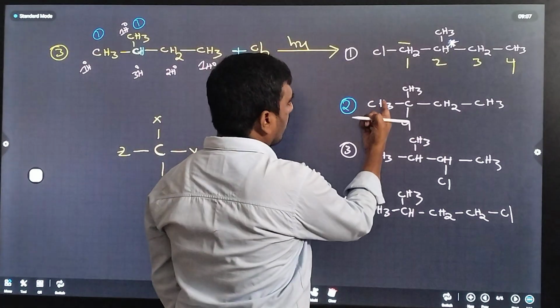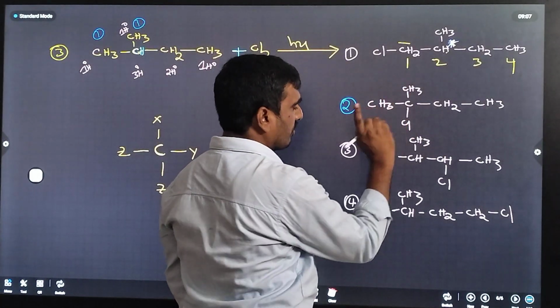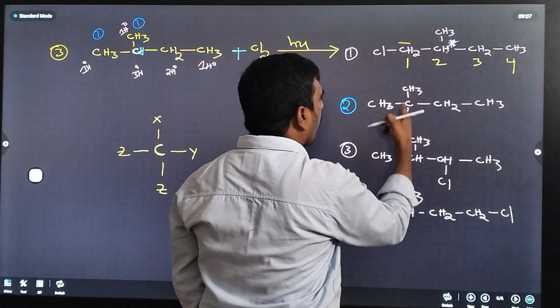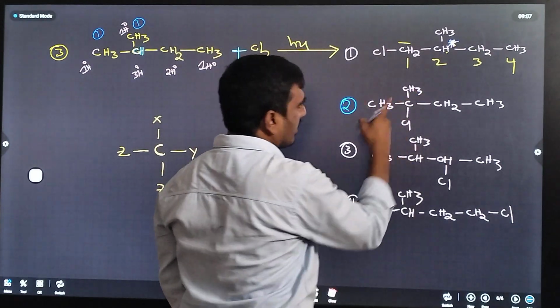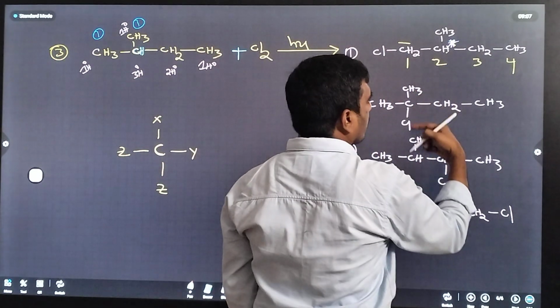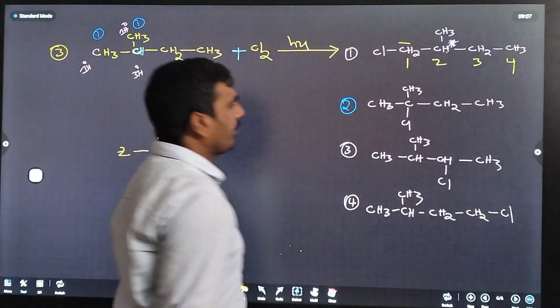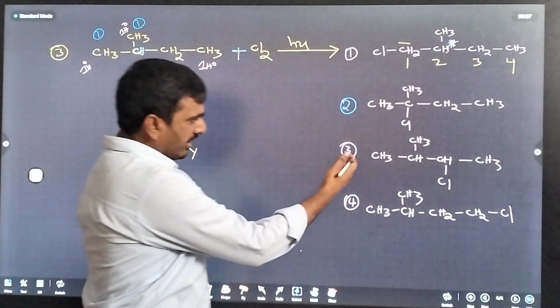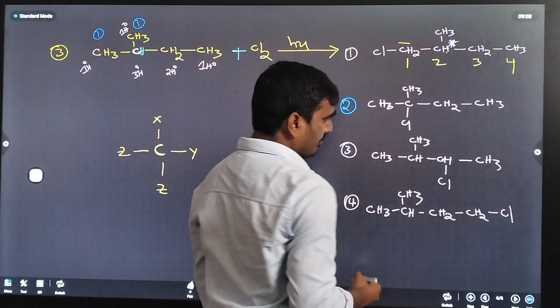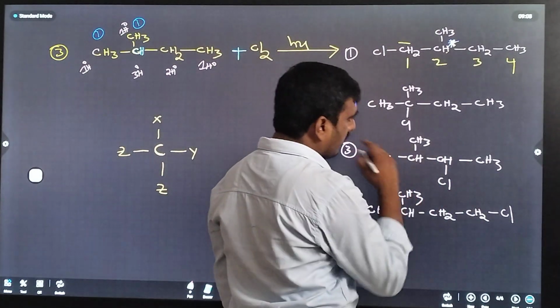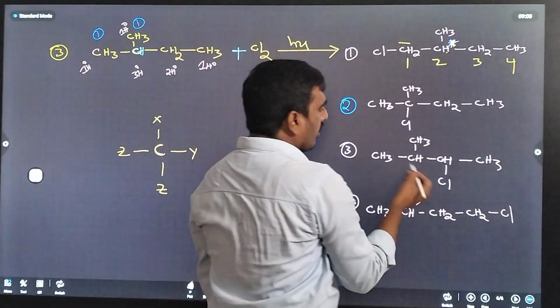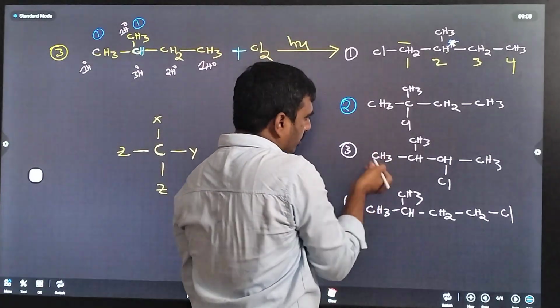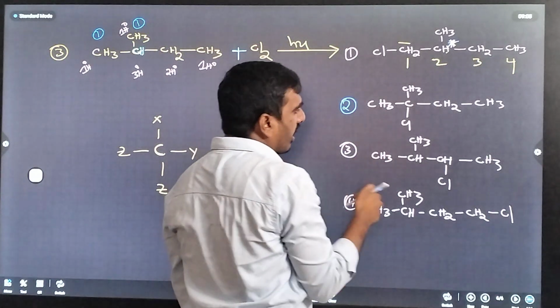Next, second compound. This is not chiral because of 3 hydrogens. Here this carbon has 2 methyl groups, so that's why this is not chiral. Next, I can write the third compound. This carbon contains 3 hydrogens, no chirality.